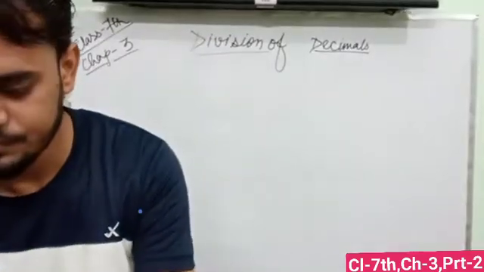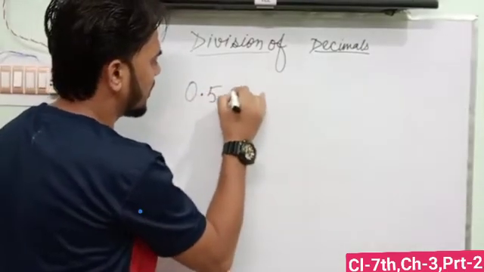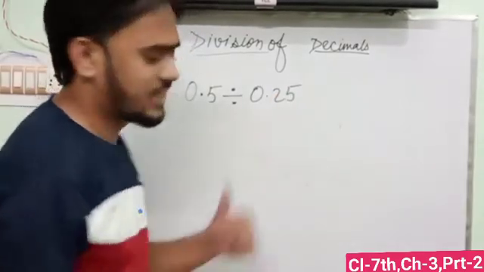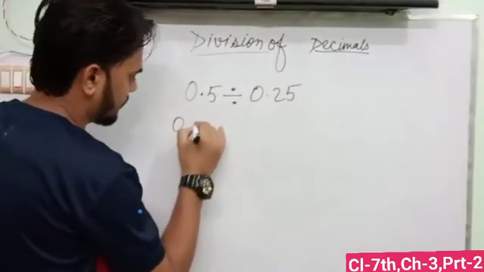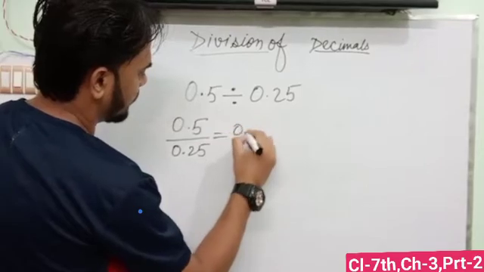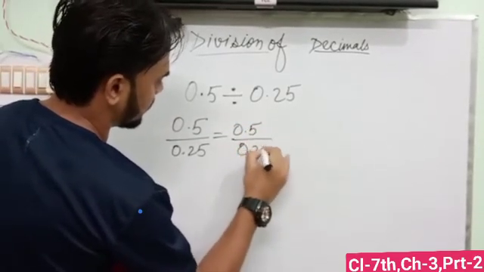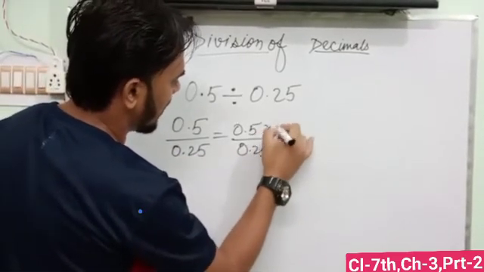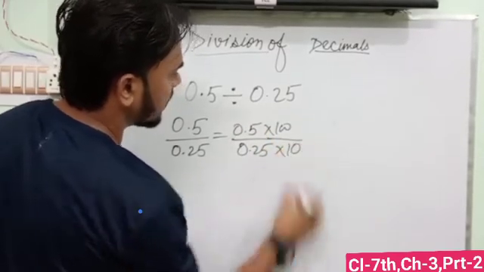See here, if you have 0.5 divided by 0.25, first of all change these numbers into whole numbers. 0.25 has 2 digits after the decimal, that means it is multiplied by 100, and 0.5 has 1 digit, so it is multiplied by 10.